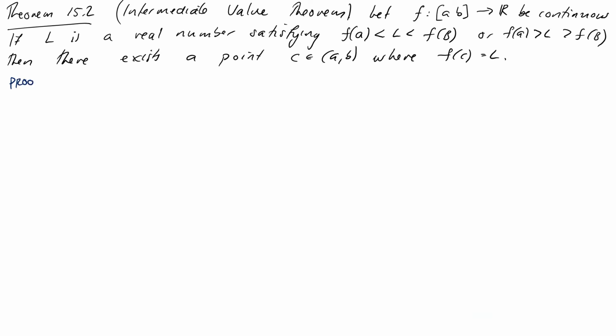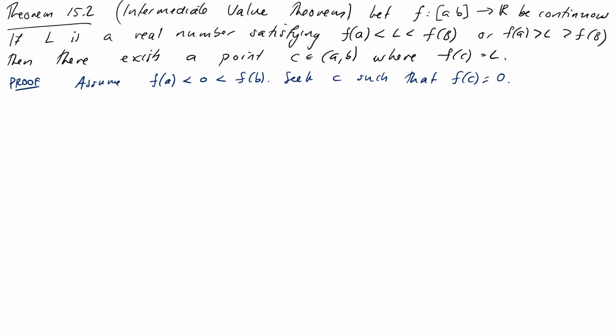So we're going to limit ourselves to the case, assume f of a is less than 0, is less than f of b. We seek c such that f of c equals 0. The other case follows pretty straightforwardly from this.